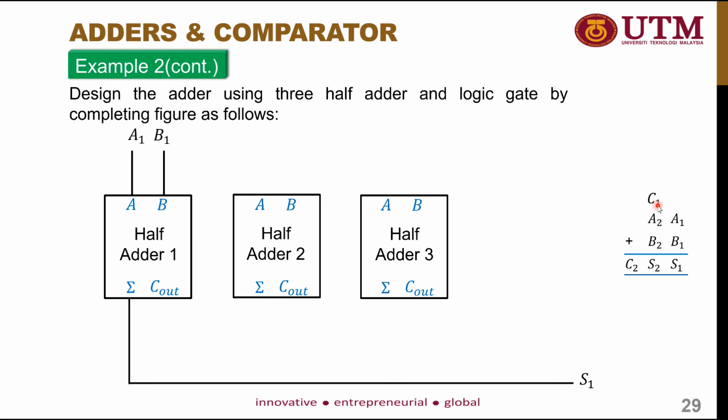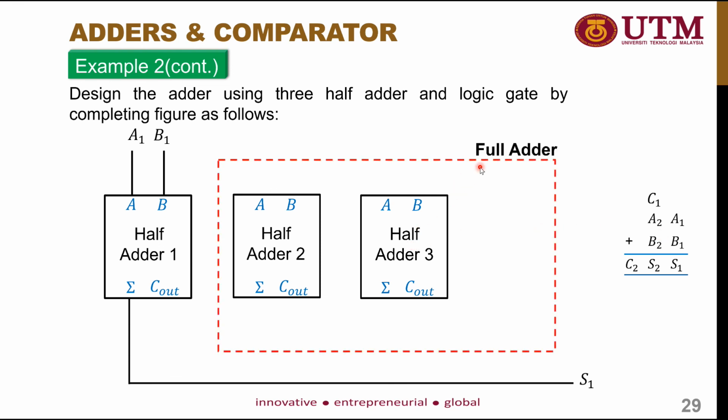So right now you have 3 inputs that need to be added together, so you need a full adder, because a full adder can provide an addition operation for 3 different inputs, whereas a half adder only provides the operation for 2 inputs only.